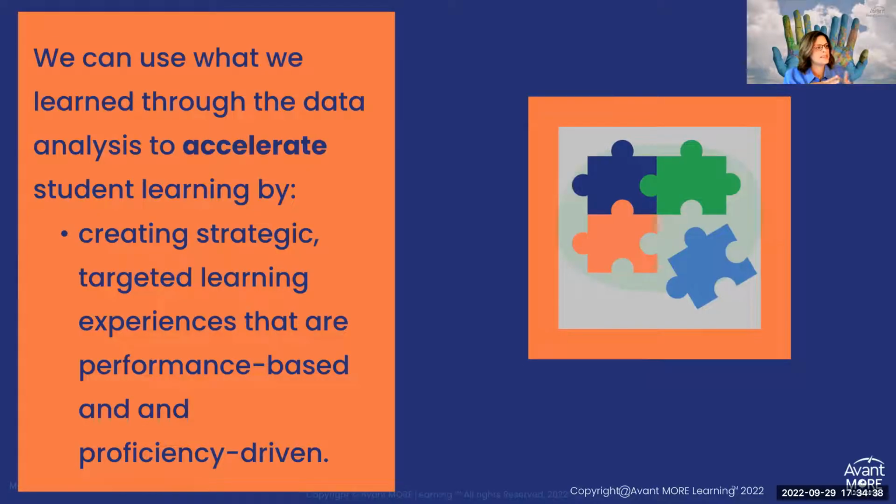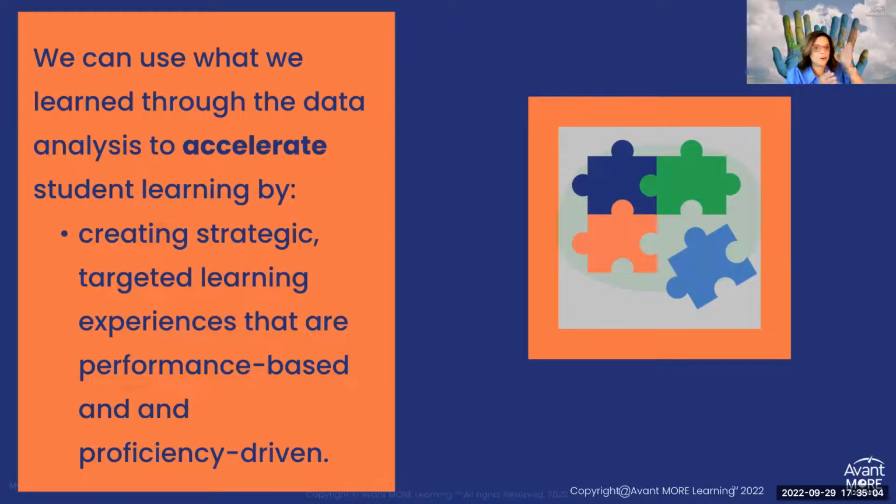The other piece is about actually implementing the practices that the data has shown you need to implement. So being able to accelerate the learning by being purposeful. You know, if we don't have a plan and a pathway to reach our goal, we'll just get lost on the map and end up wherever we end up.